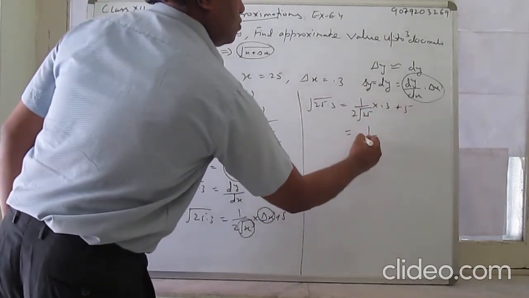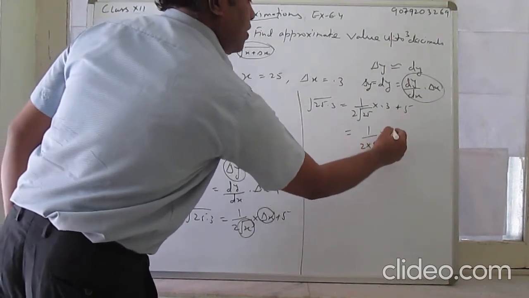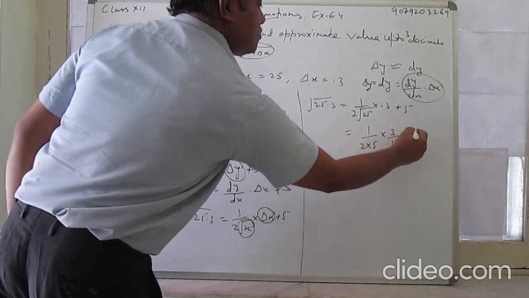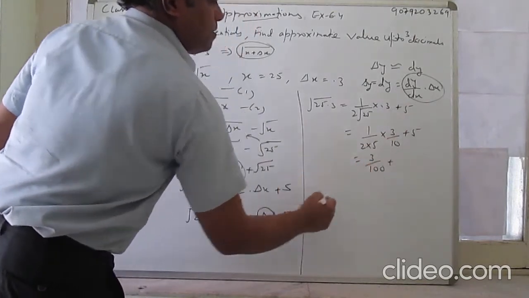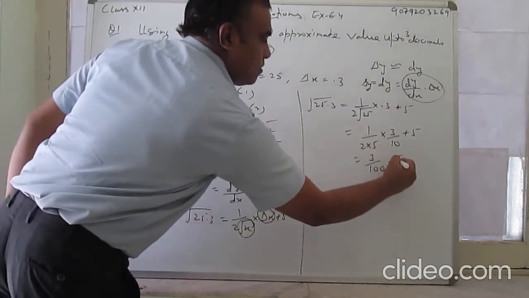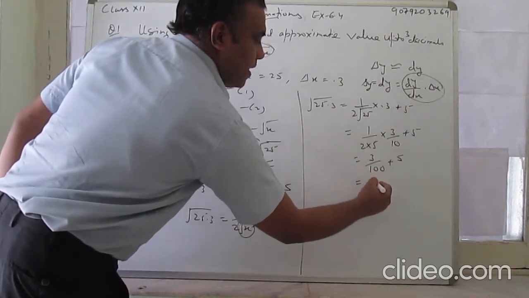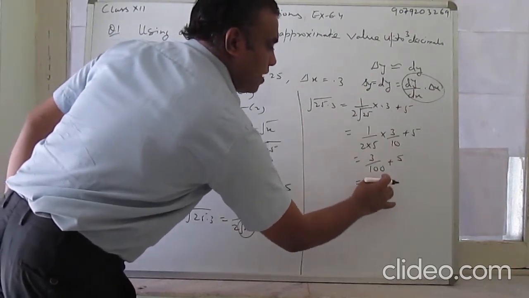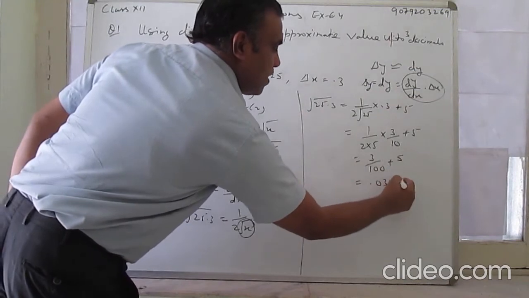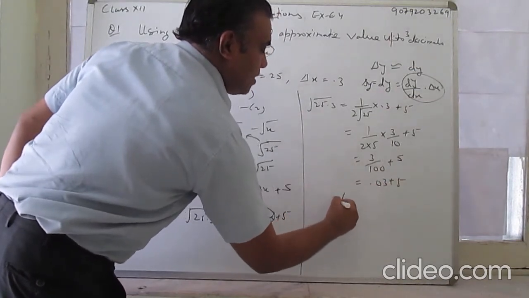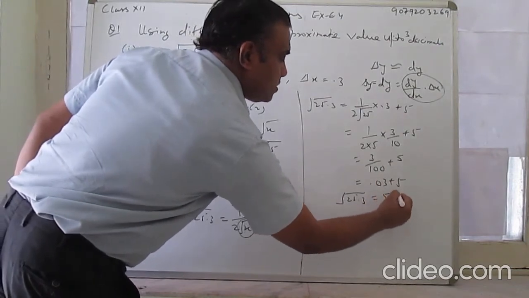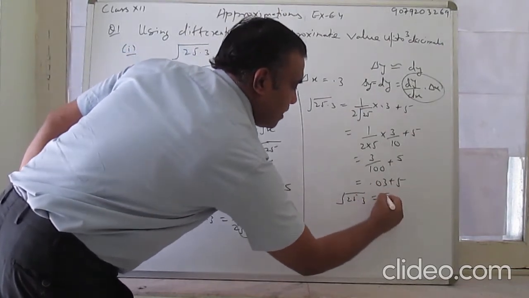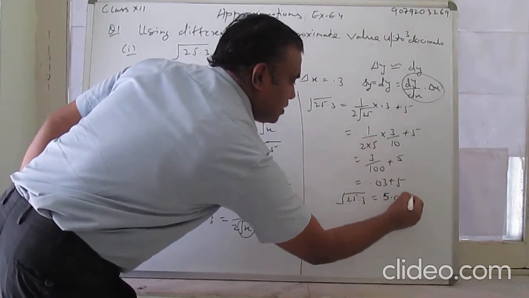So it is 2 into 5, point हट जाएगा, नीचे 10 आ जाएगा, 3/10, so 0.03 plus 5. If you add it, you will get root 25.3 is 5.03. This is the answer.